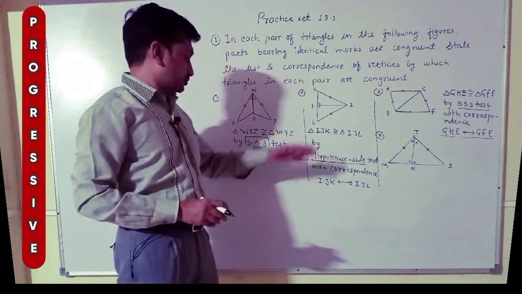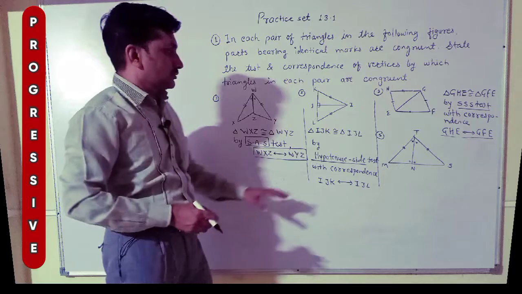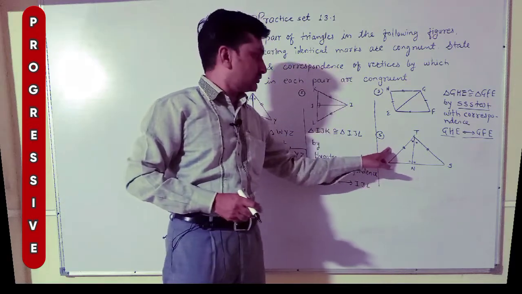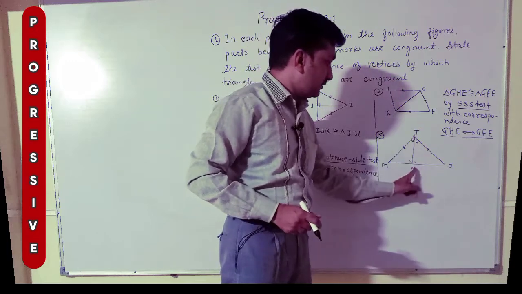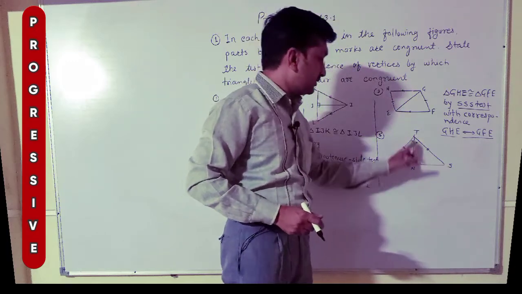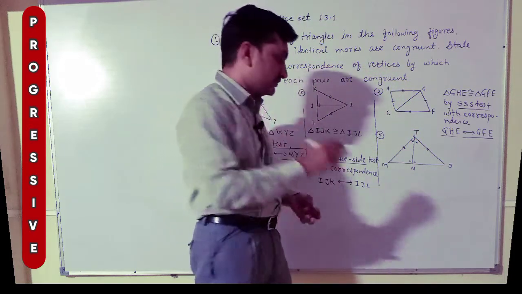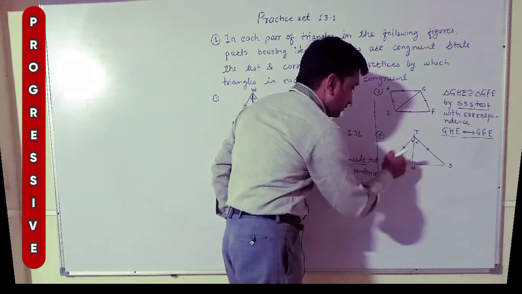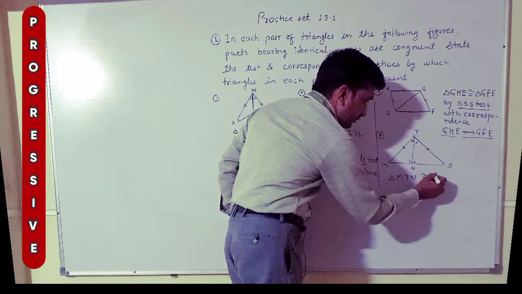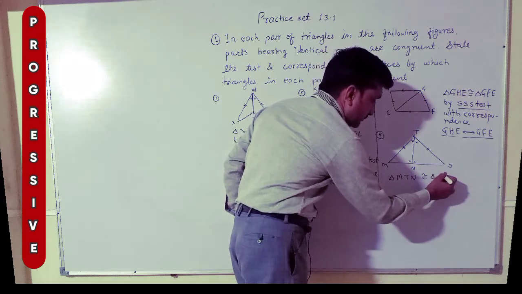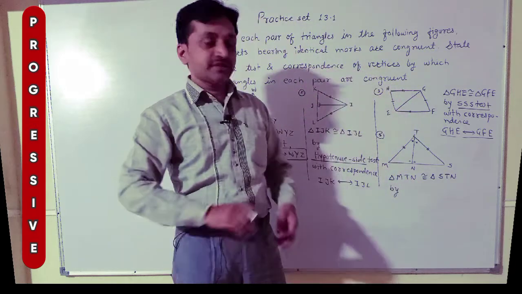Now fourth I have erased here. I explain fifth one. TMN and here TNS, or you can say MTN. These two triangles are congruent. Triangle MTN congruent with triangle STN by, now by which test?